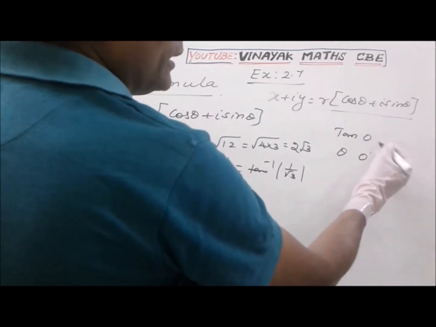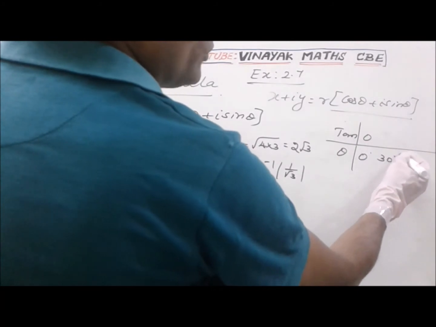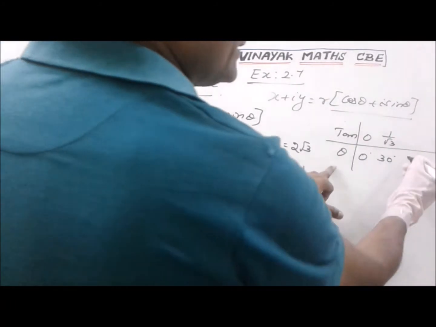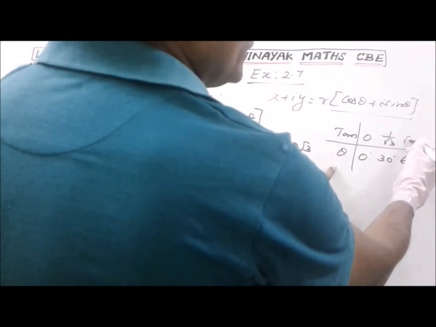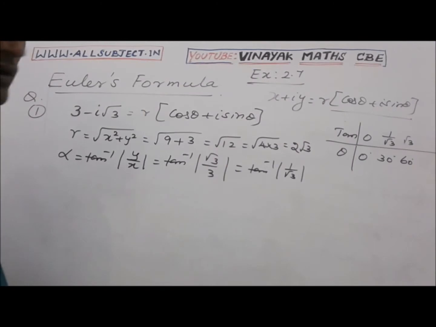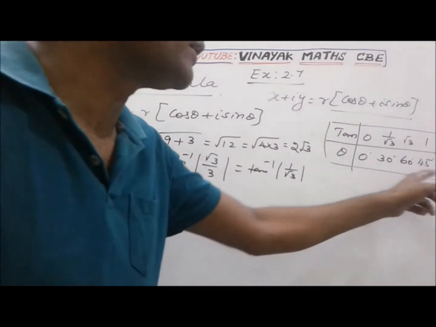Tan 0 degree is 0, and at 30 degree it is 1 by root 3. For 60 degree the tan value is root 3, for 45 degree it is 1, and for 90 degree it is undefined.